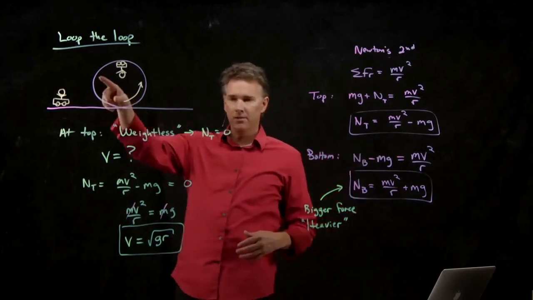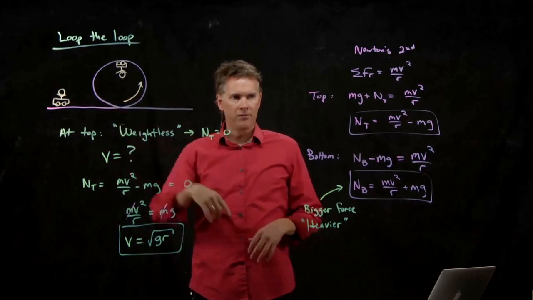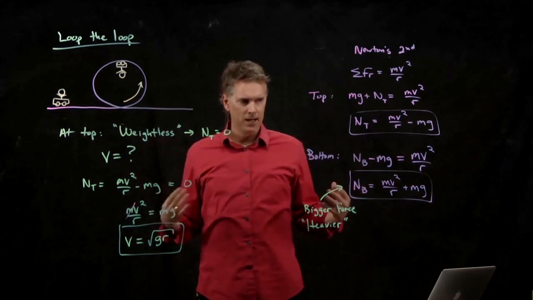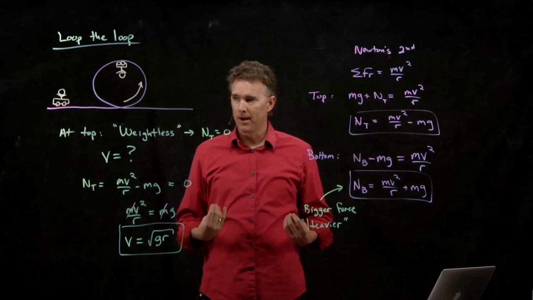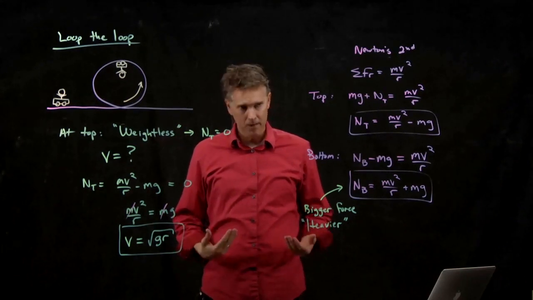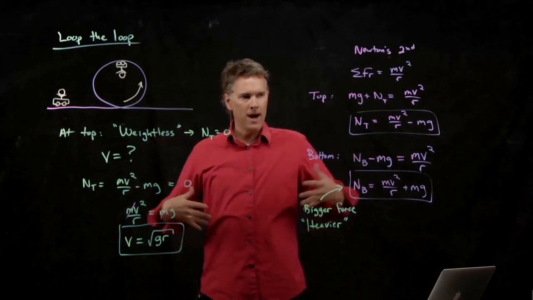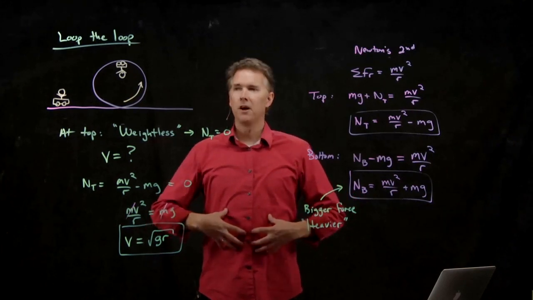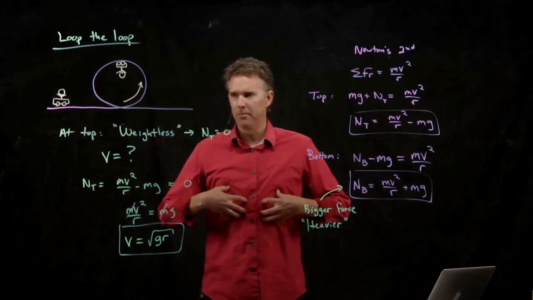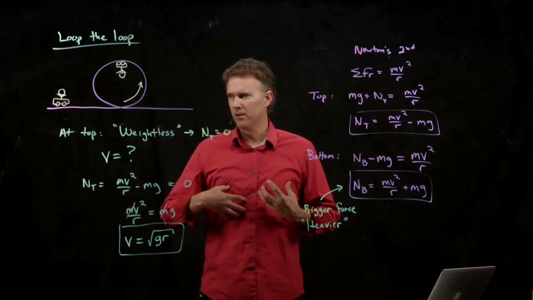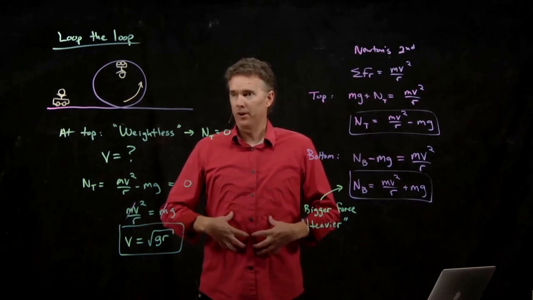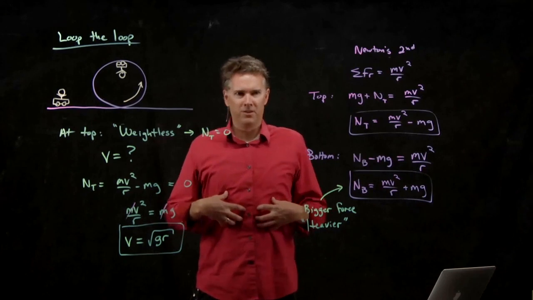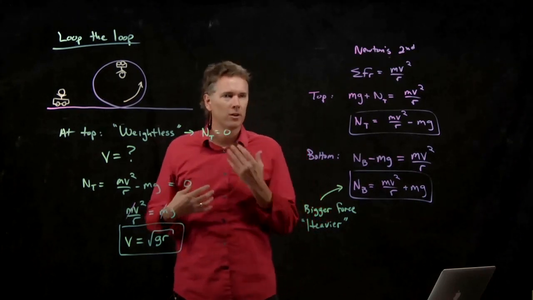But when you're weightless, now all of a sudden everything in your body is being pulled on by gravity, but nothing is pushing back up on it. And so your whole body relaxes and your stomach comes up a little higher in your abdomen. And that's why it feels weird. It's because those organs in you sort of move to a different position. You're like, what's happening? You feel a little strange.